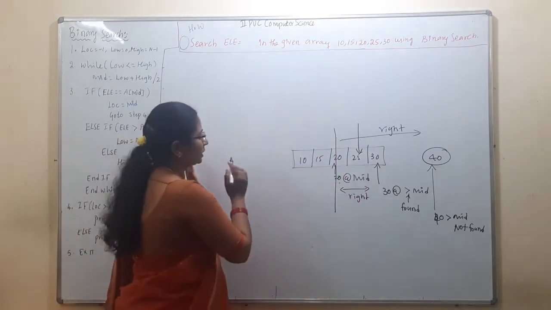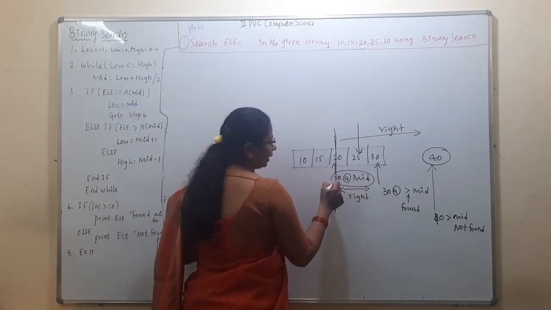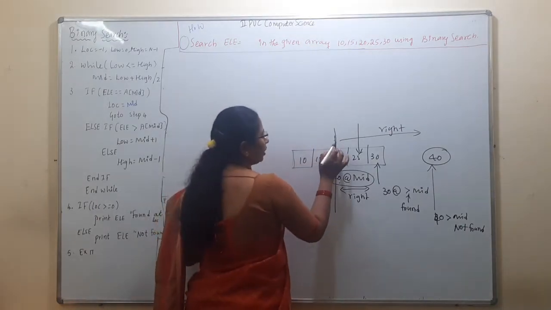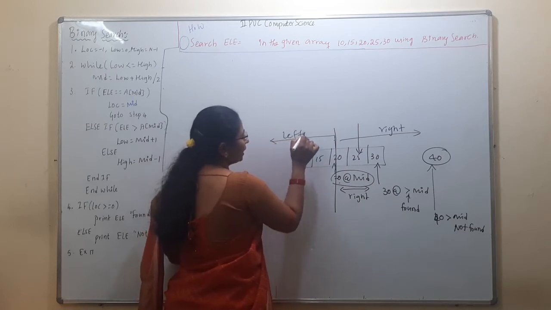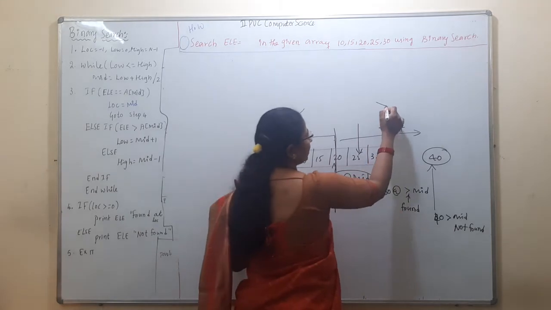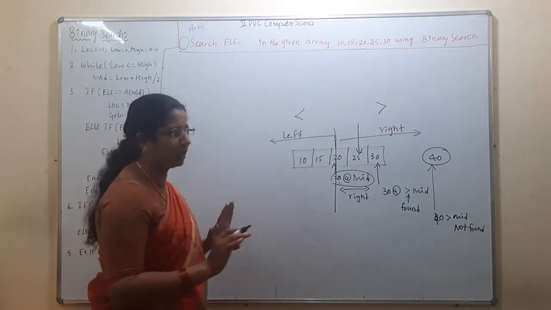So today we discuss from the mid position. Mid we already found, so I am not going to solve the mid now. We are finding the elements towards the left hand side, with less than the mid position. Yesterday, in the class, we discussed the right hand side with the greater than elements.